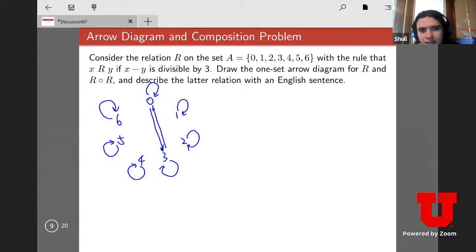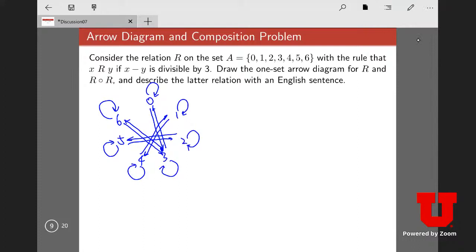Same thing applies to 4 and 1, 5 and 2, 6 and 3. What else? There are one or two last ones. 6 minus 0 and 0 minus 6, right? Both 6 and negative 6 are divisible by 3.